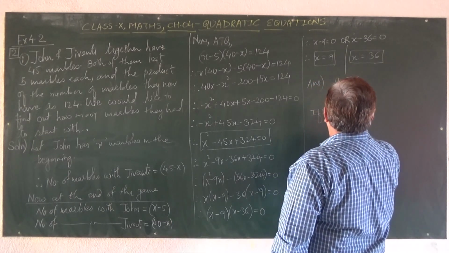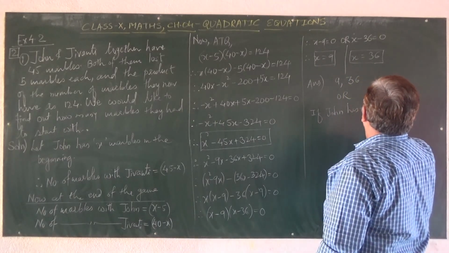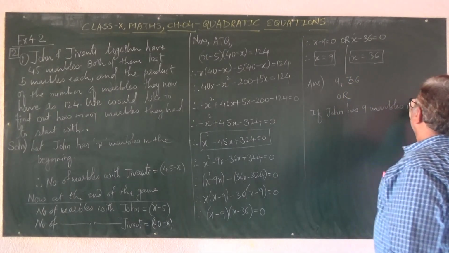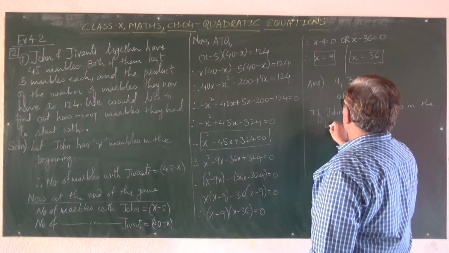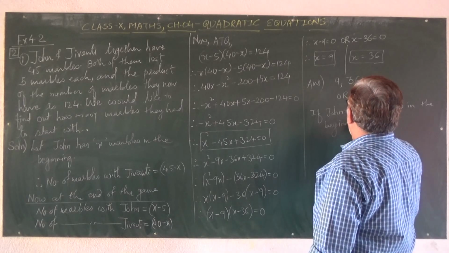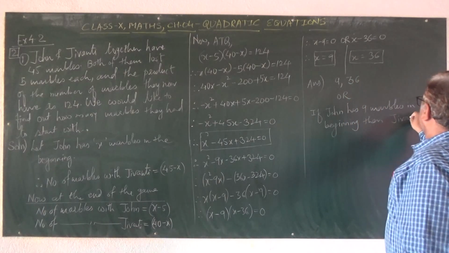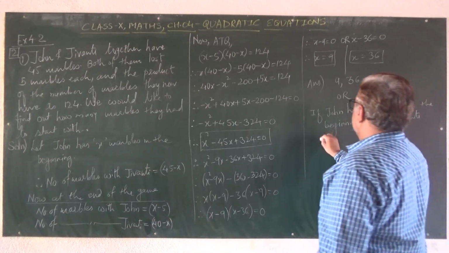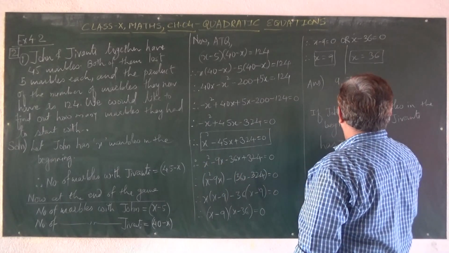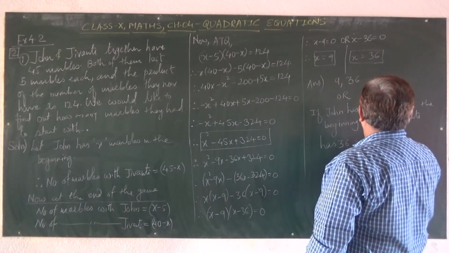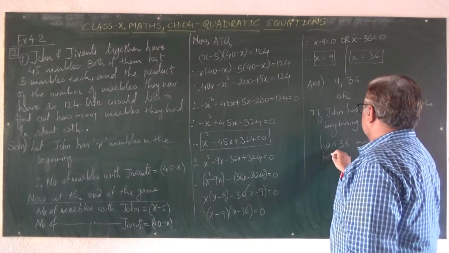If John has 9 marbles in the beginning, then G1T has 45 minus 9, 36 marbles in the beginning.